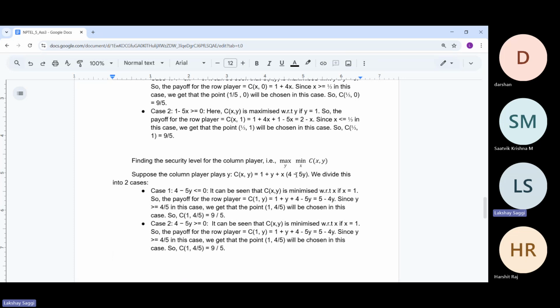So 4 minus 5y is the coefficient, if it is positive and we want to minimize with respect to x, then we'll need to make x as small as possible, right? So x will be 0 in this case. And in this case, the payoff for the player will be c of 0 comma y, which will be something like 1 plus y.